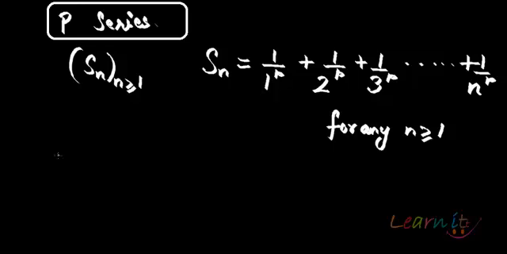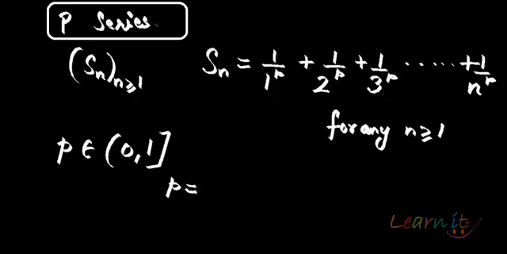Now let's see what happens when p is somewhere between 0 and 1, or might be equal to 1. If it is equal to 1, what does happen? Well, it becomes a harmonic series.